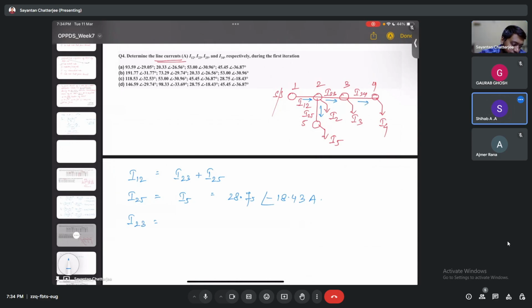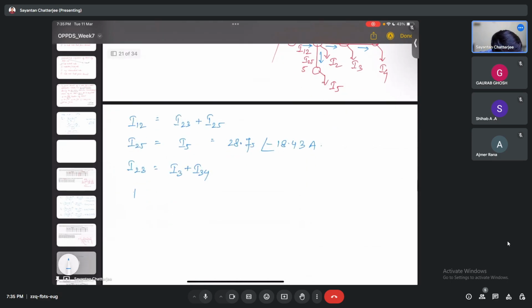I3 plus I4. Actually speaking, if we use the correct notation, it will be I3 plus I34. Although here I34 is I4 only, notation wise I34 will be I4. So here it will be I3 plus I4.